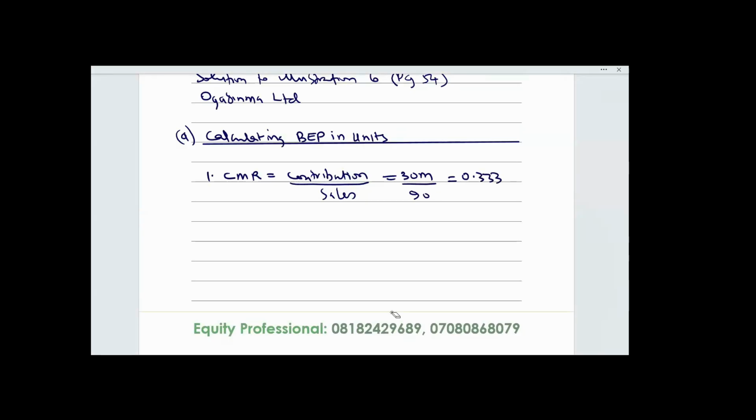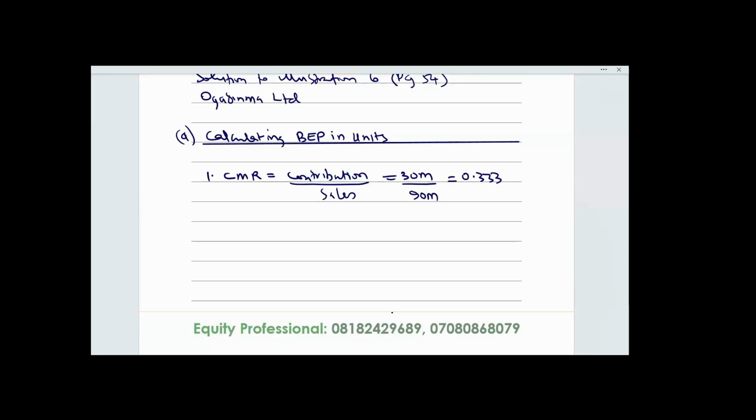Now, pay attention to what I'm about to say. Under break-even, when you are calculating contribution margin ratio, especially if it is not the final answer, you have to write out your figures in full. Don't round it, because if you round it, you are not going to arrive at the correct answer.